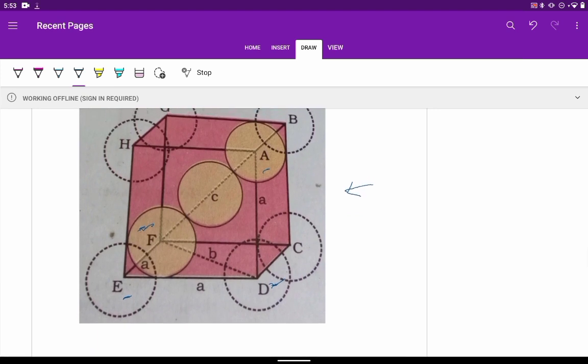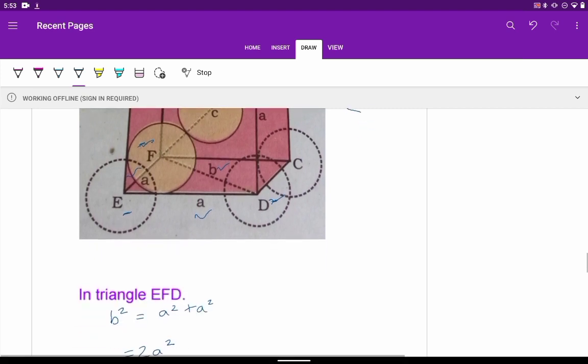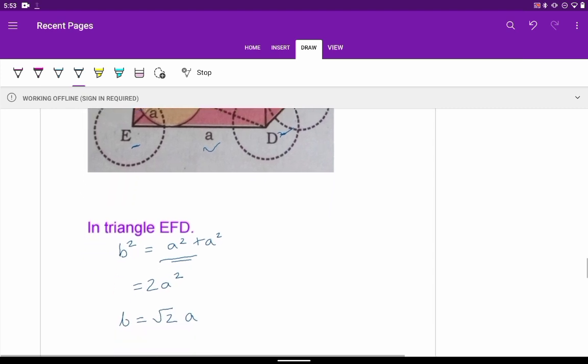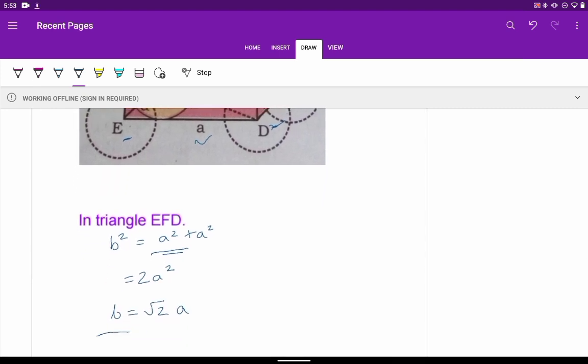In case of triangle EFD, you see A square plus A square will be equal to B square. So B square is equal to A square plus A square, that is equal to 2A square. So B will be equal to root 2A.